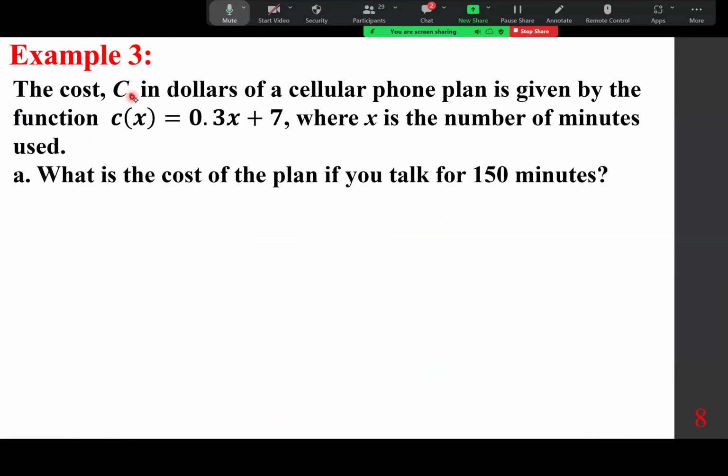The cost C in dollars of a cellular phone plan is given by the function C of x equals 0.3x plus 7, where x is the number of minutes used. What is the cost of the plan if you talk for 150 minutes? Well, the function is given, you simply replace the x with 150, that's all.